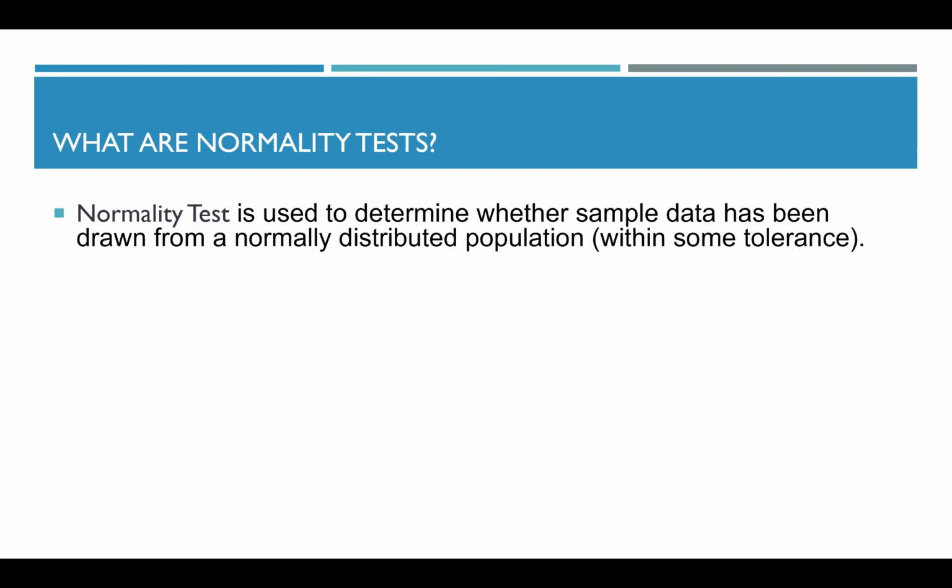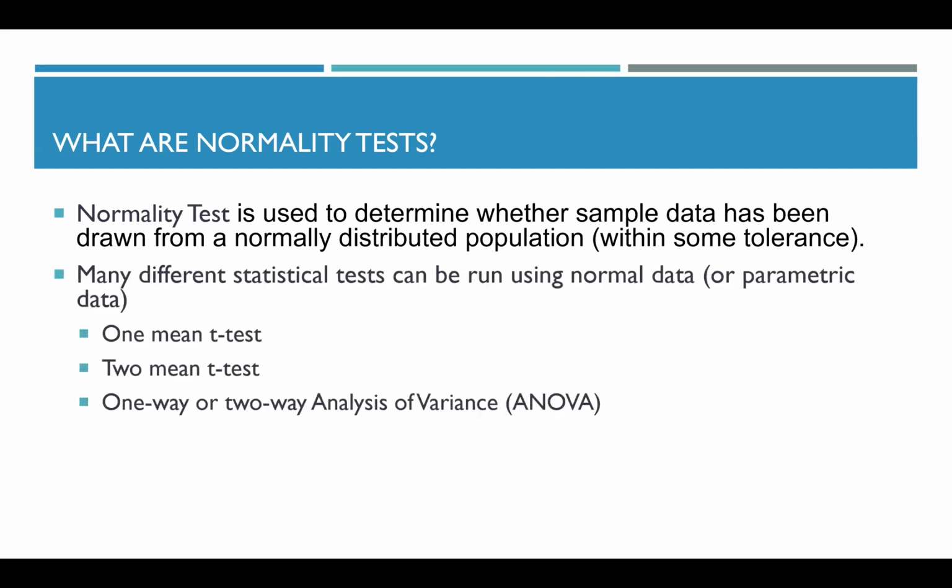The idea of tolerance is that there's an allowance; you could be off a little bit. But the normality test is going to determine whether your sample data, for your variable, has been drawn from a normally distributed population, which allows us then to make the assumption that we have a normal distribution.